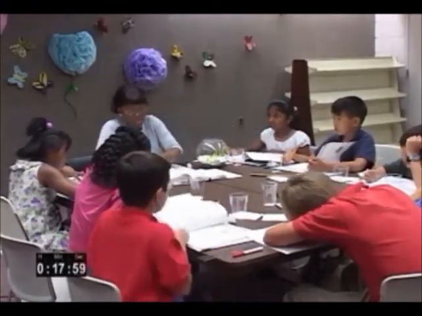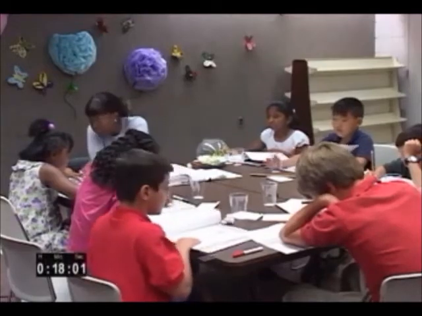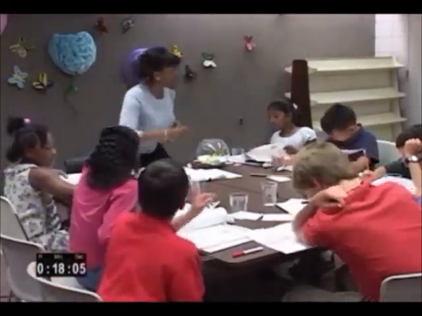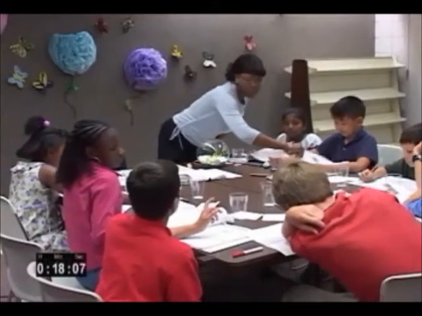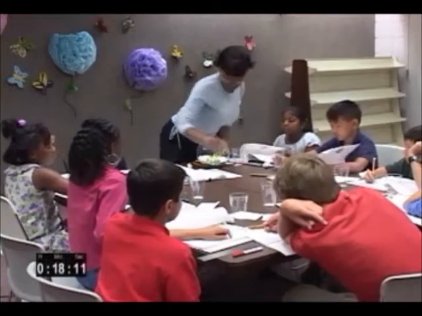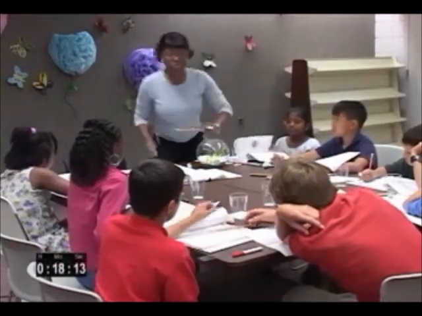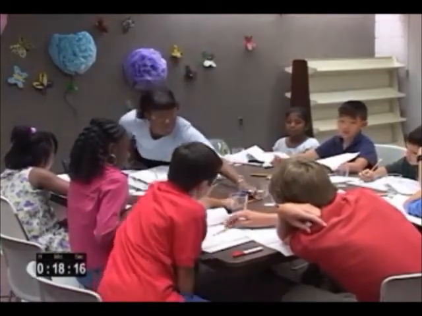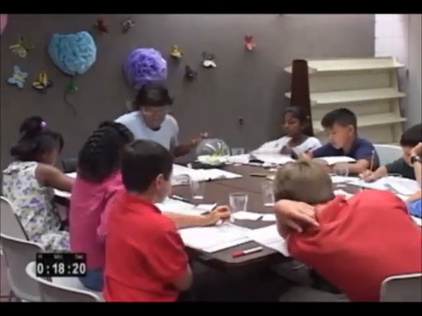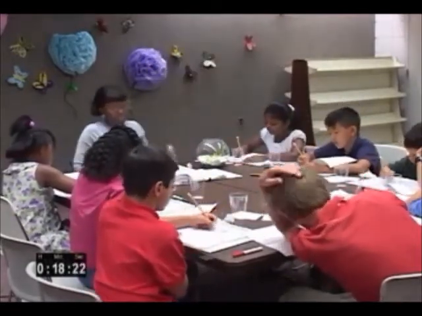Wait, hold on. I'll let you know in a second. What page is that? I don't have a pencil. You don't have a pencil? Okay. Just use mine. Here you go. Okay, yeah, this is it. All right? Okay, start.